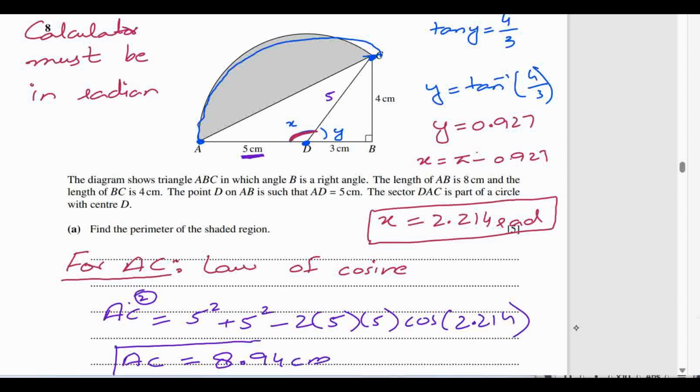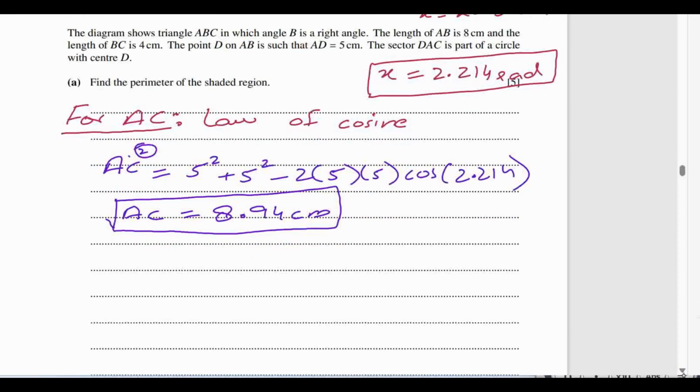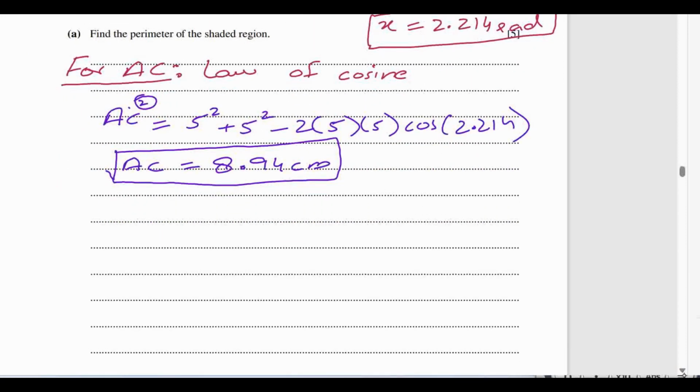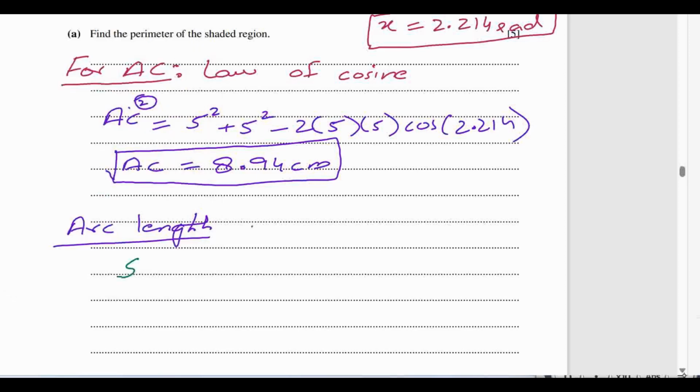Now we just need the length of the arc. As we are using the angle in radians, for the arc length, the formula is S equals r theta.